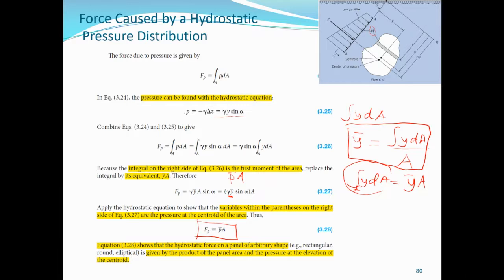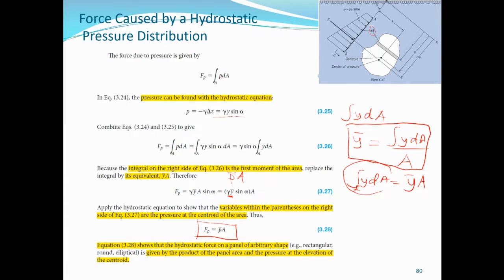This is very important. For an immersed body that is either vertical or inclined, the hydrostatic force is equal to the pressure acting at the centroid times the area of the plane or panel. This is very important. So this equation shows the hydrostatic force.